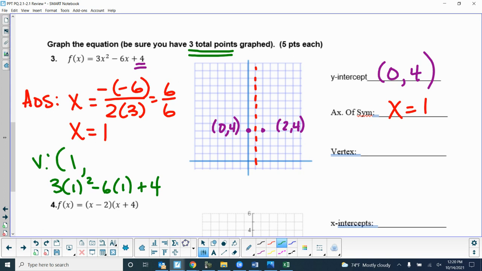So 1 times 3 is 3, minus 6 is a negative 3, plus 4 is a positive 1. So 1, 1, and then there's our graph.